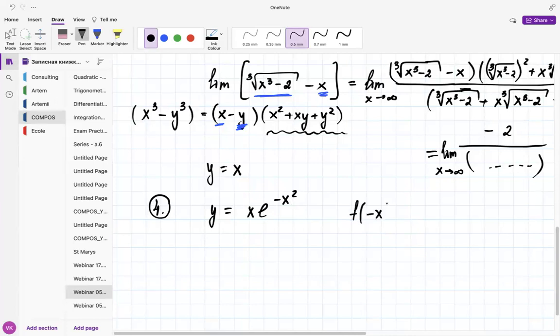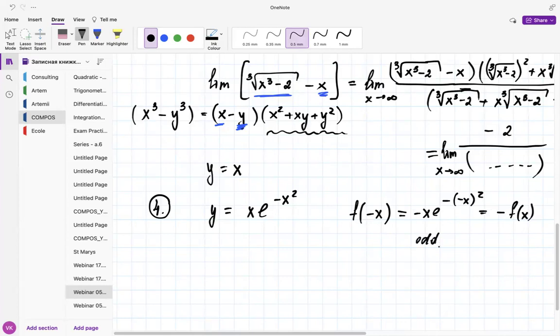Let us check what happens if I substitute minus x inside. Well, I get minus x e to the power of minus x squared. So just minus f of x. So this is an odd function.